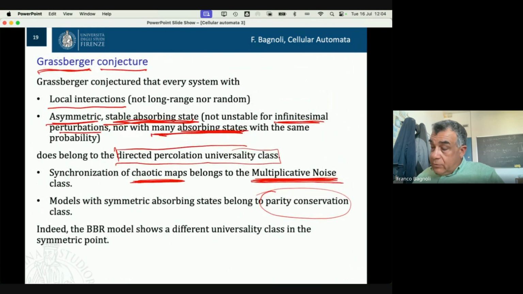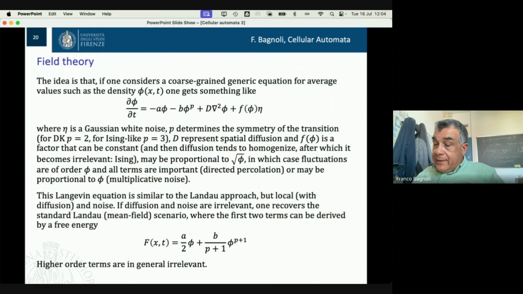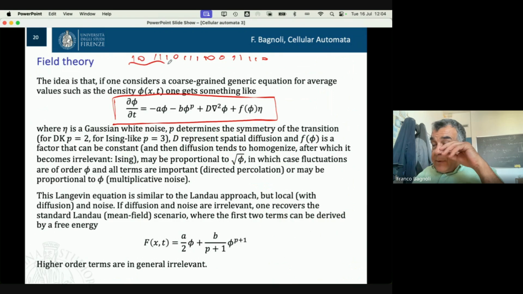Okay, so in order to clarify all these differences, we can try to develop a common language. Instead of considering a system composed of 1s and 0s, suppose that we take a certain distance, a certain length, say L, and you replace this with a continuous value phi, clearly when L is large, but not infinite.